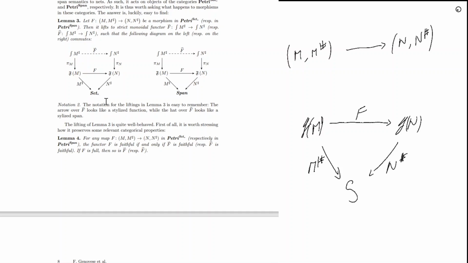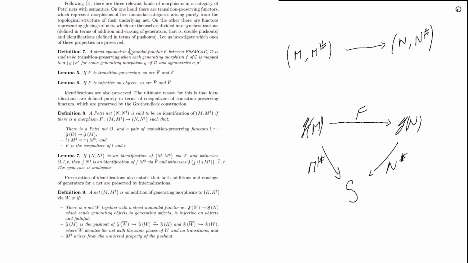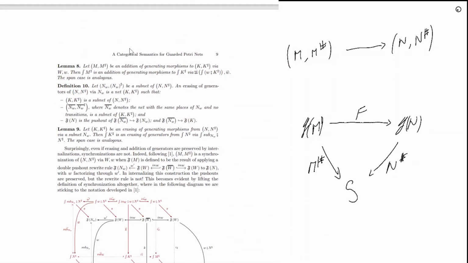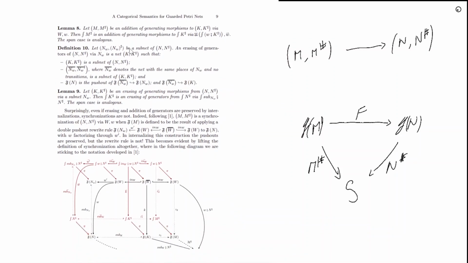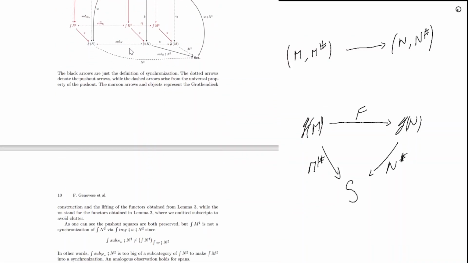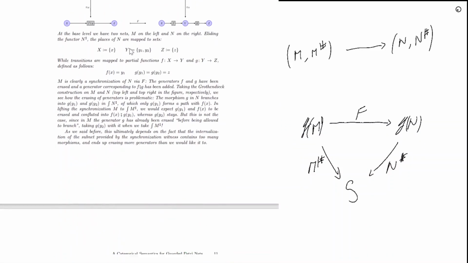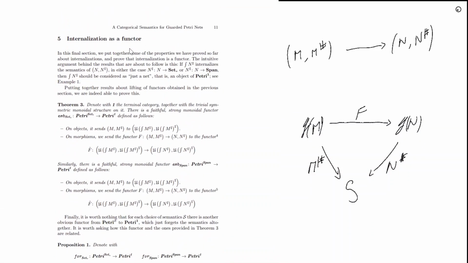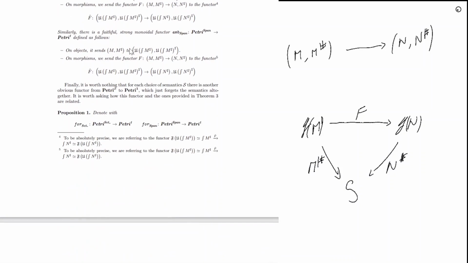So we can lift this morphism of nets to the morphisms of their internalized nets. And then the rest of the paper is spent showing that our construction commutes with colimits and stuff like that. You can glue nets together and so on. But this is not super important.